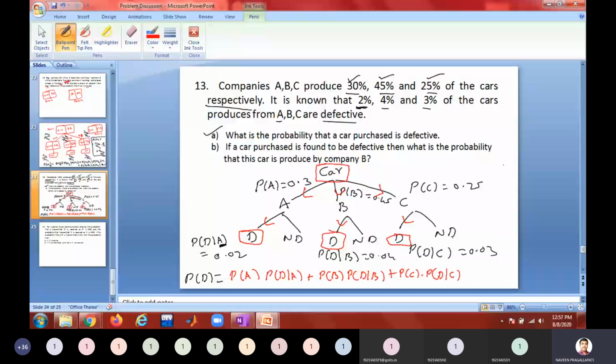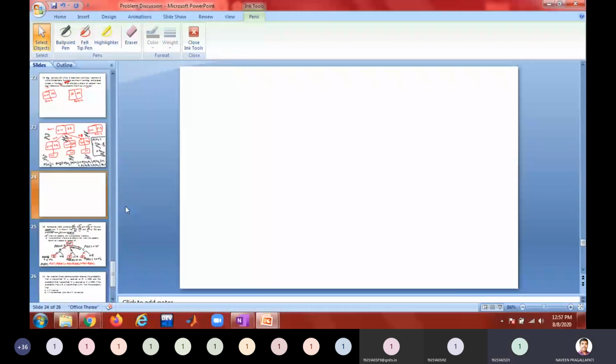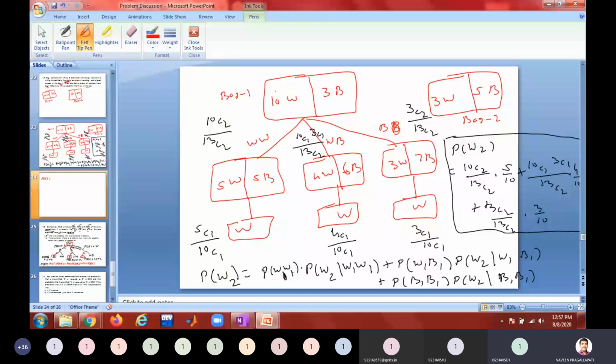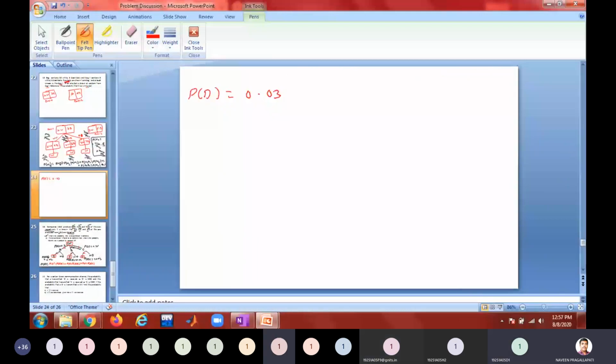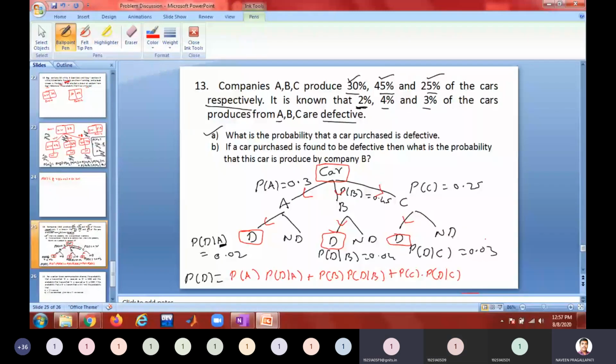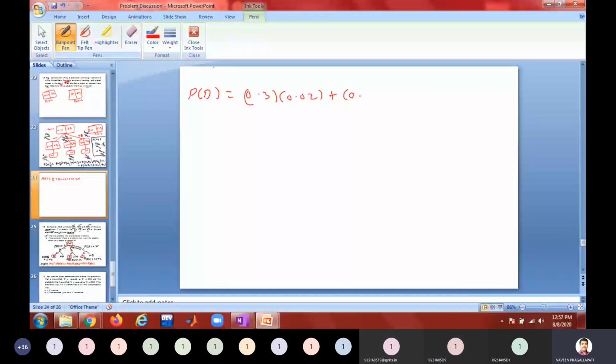What is my answer now? I just have to assign the probabilities. So P of defective car is equal to 0.3 into 0.02, plus 0.45 into 0.04, plus 0.25 into 0.03.